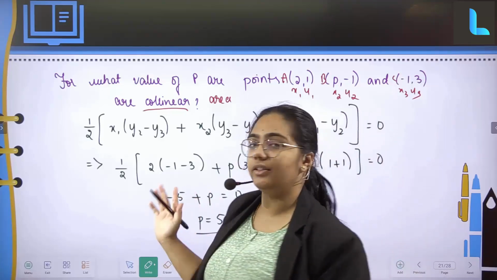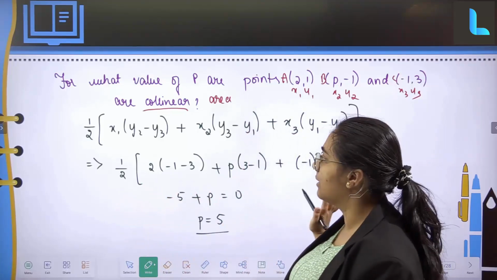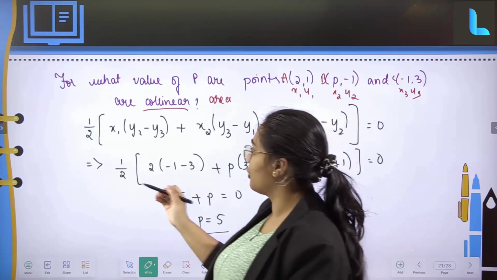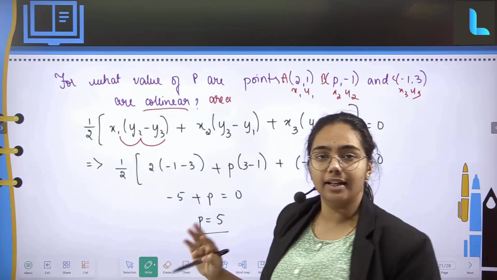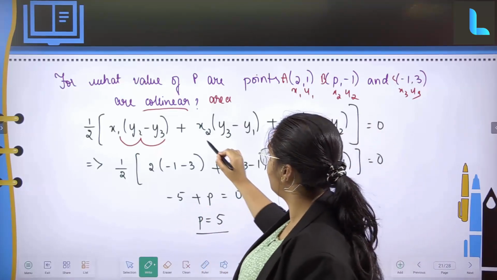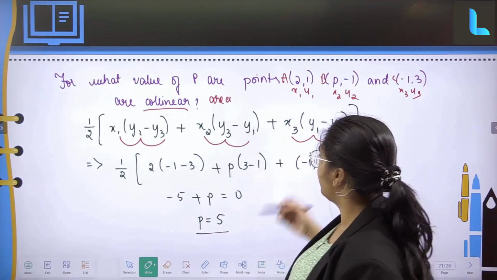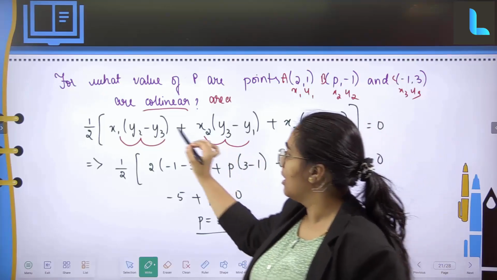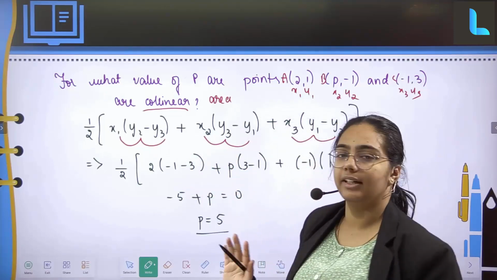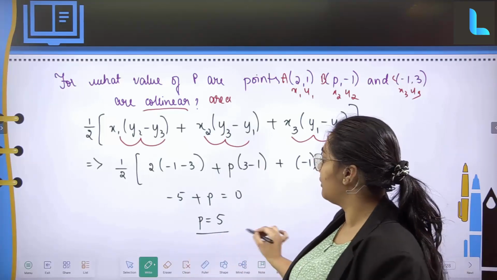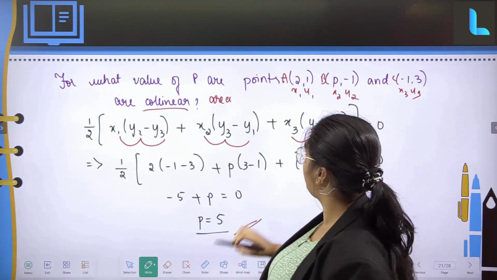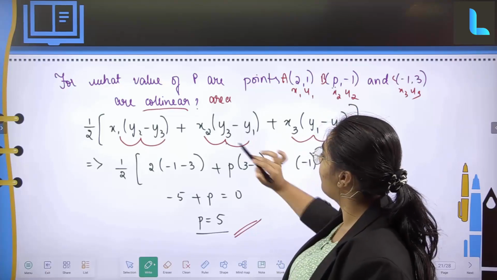Once you are aware of the points, first and foremost write the formula clearly without any mistakes. Just cross verify: 1, 2, 3, then x1 into y2 minus y3, then 2, 3, 1, then 3, 1, 2. It is in the cyclic format. Just observe the signs to check if you have written correctly. Then you can easily substitute the values, and once you substitute, you have to find out p, and p is somewhere lying over here.